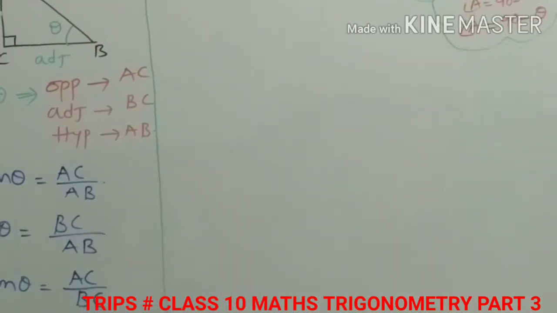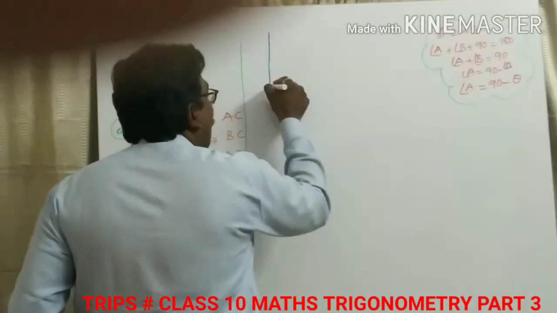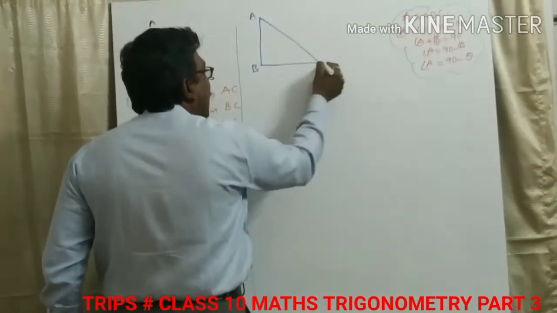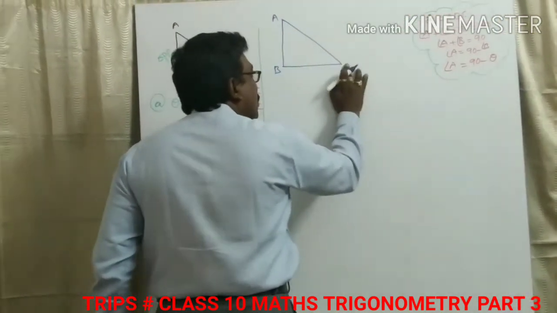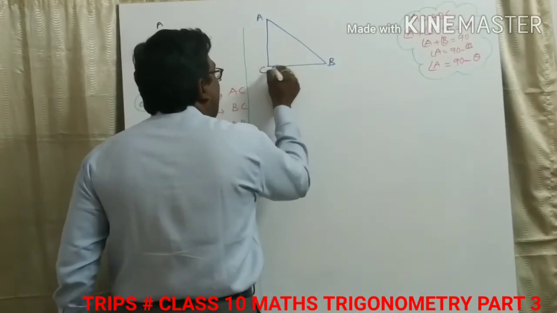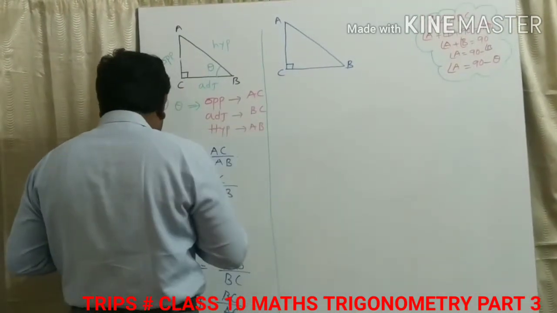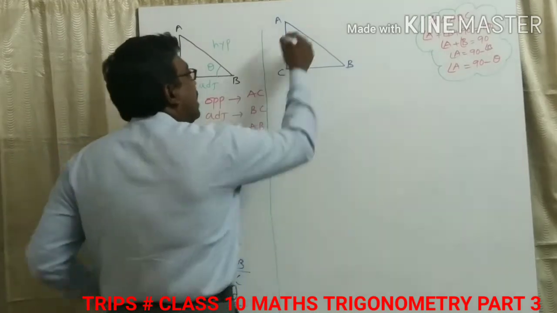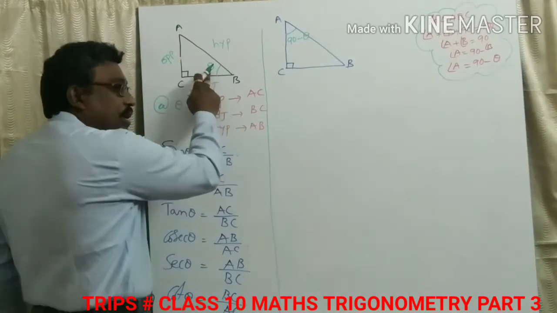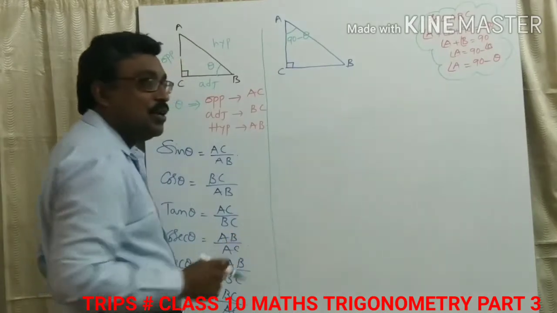I am writing trigonometric ratios for angle A. In the same triangle ABC, angle C is 90 degrees and angle B is theta, so angle A is 90 minus theta.